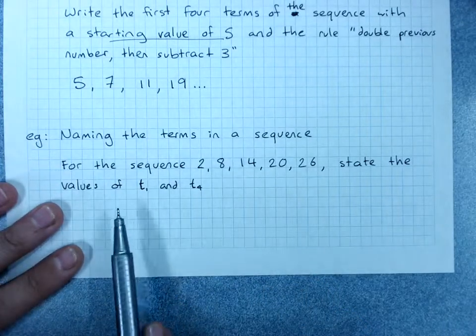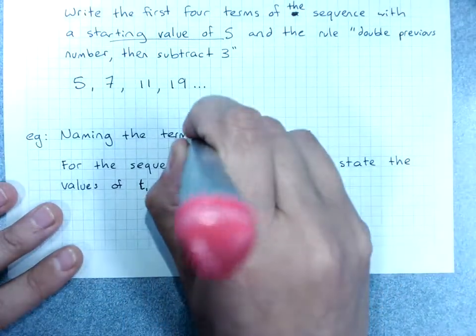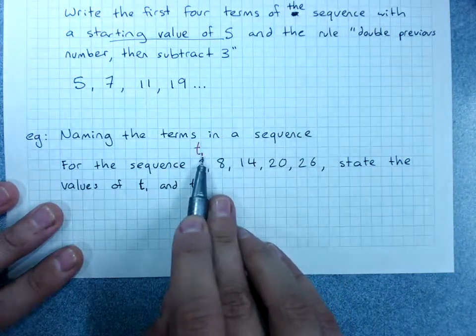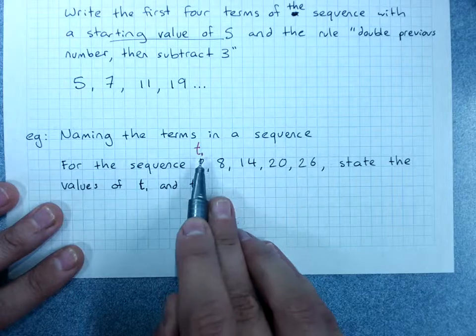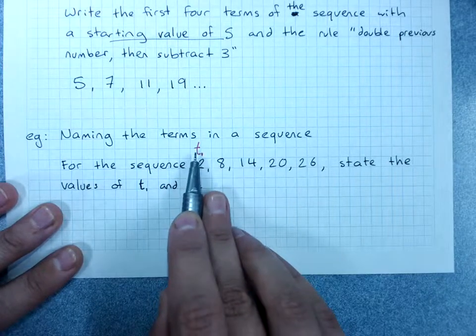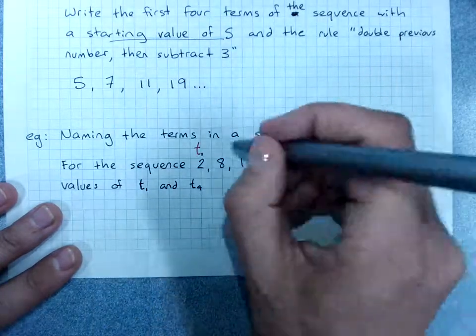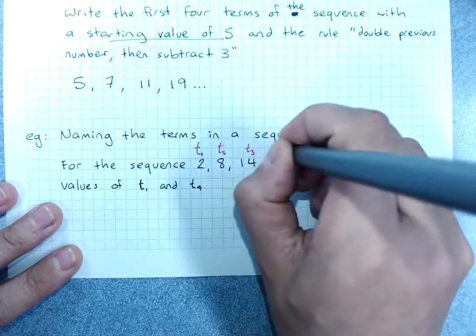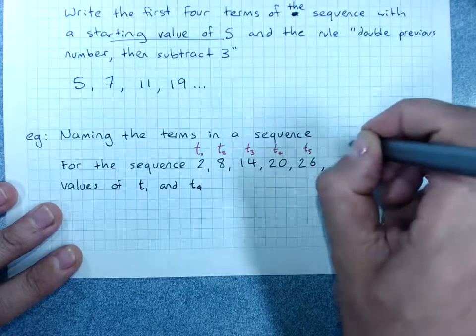We write that as T with a little subscript 1. When you use a subscript in maths, it's an identifier, it's naming it. So this is saying this is term 1, this is term 2, term 3, term 4, term 5.